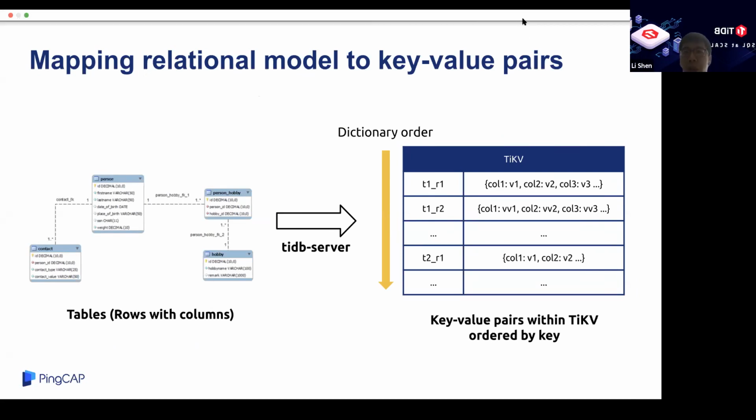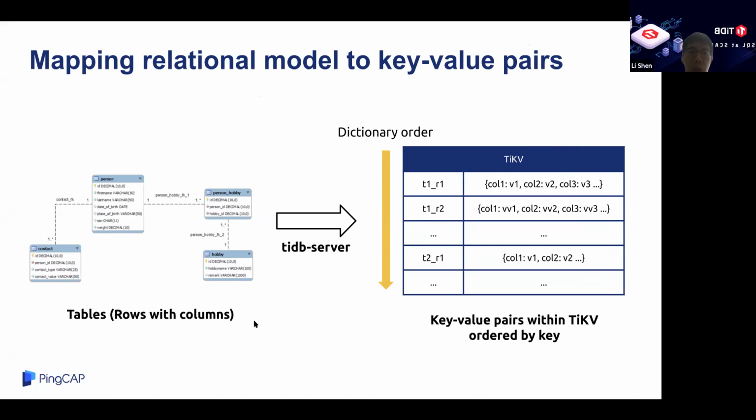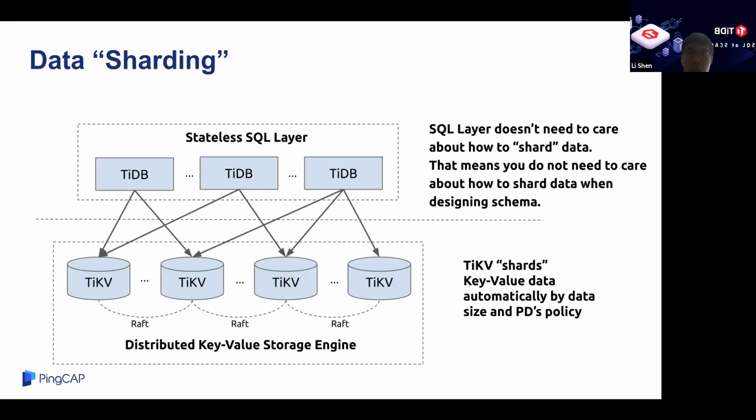For example, for each row and each column or each index, TiDB will compose the data from the original insert statement into key value pairs and submit the key value write operation to TiKV.